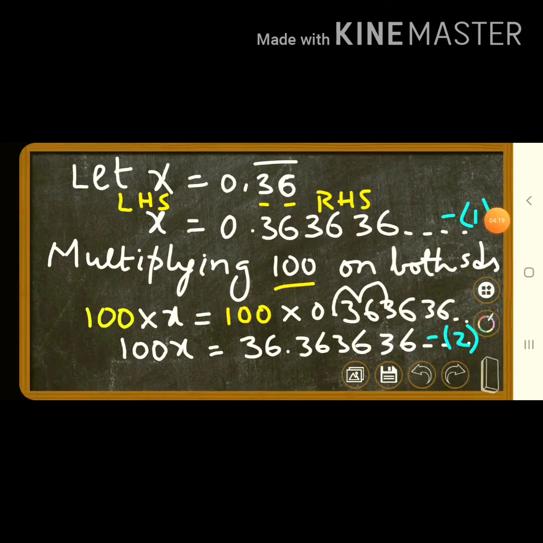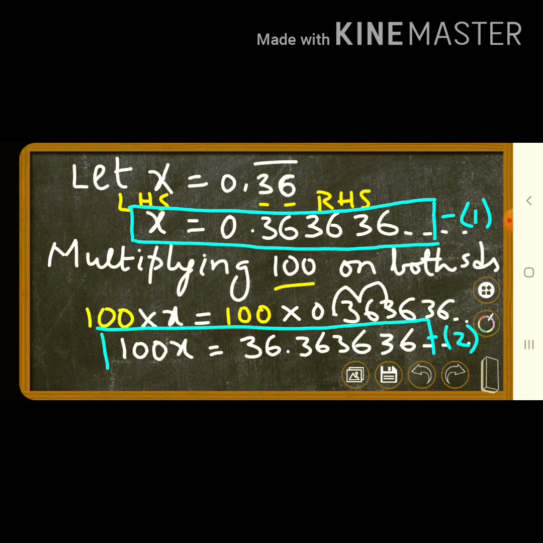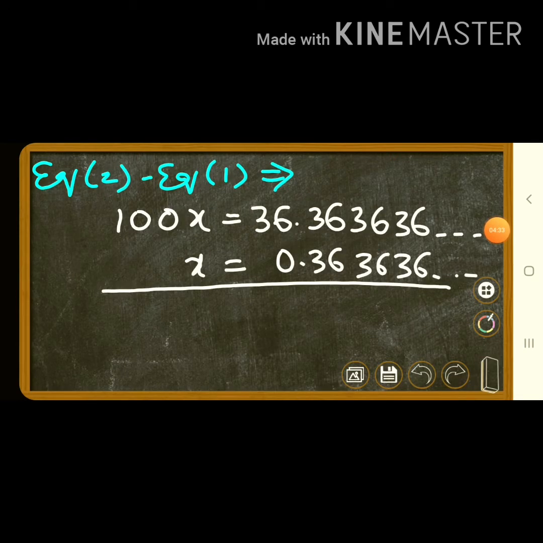So here this is equation 1 and this one is equation 2. Equation 2 minus equation 1 implies 100x is equal to 36.363636, x is equal to 0.363636.